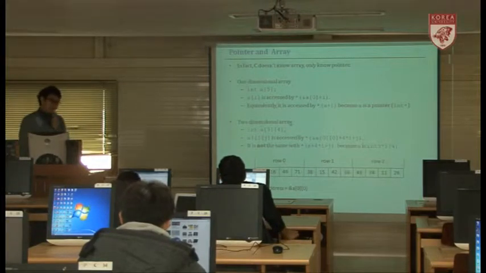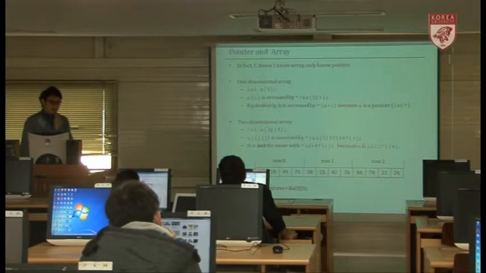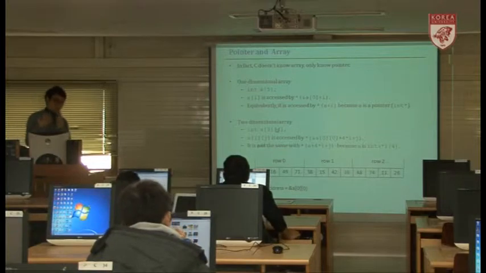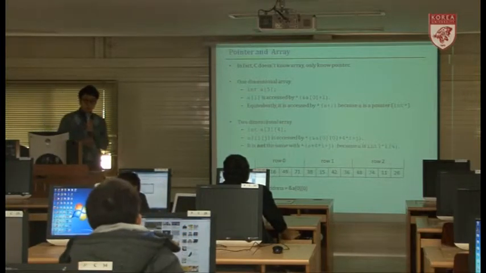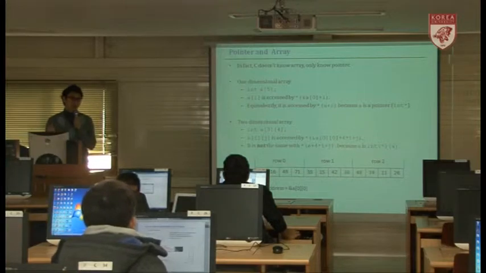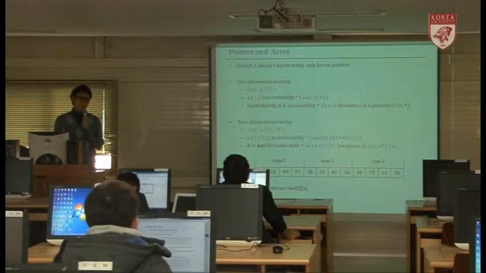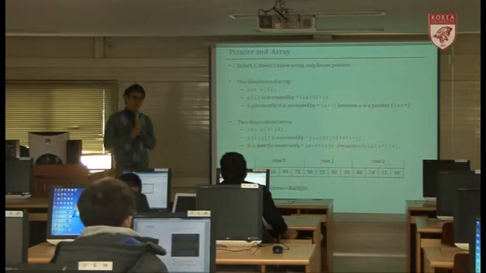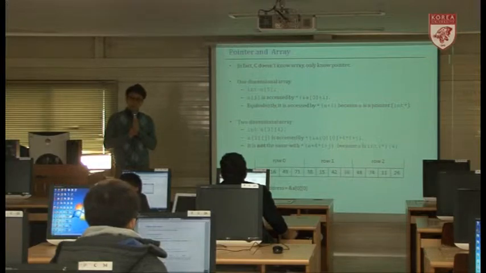Okay, it is the same for the two-dimensional array. Let's think about A[3][4]. This is the two-dimensional array. The human programmer considers this a double array, so we consider it in matrix form. We consider that A[3][4] represents a 3 by 4 matrix, so it has 3 rows and 4 columns.